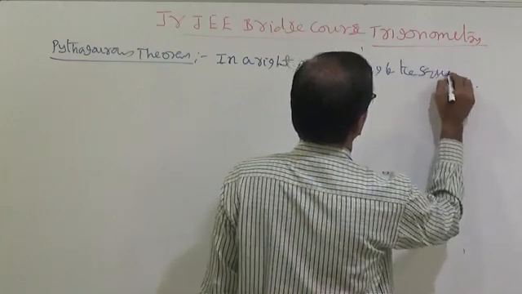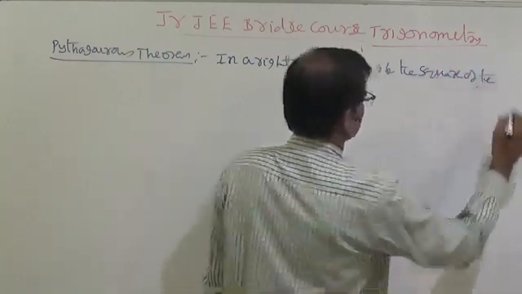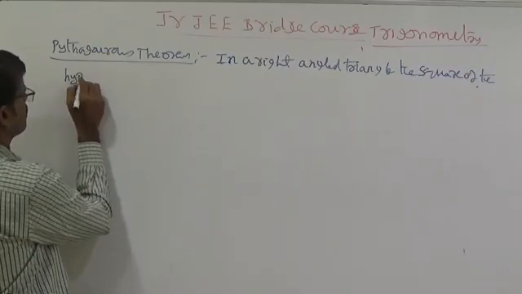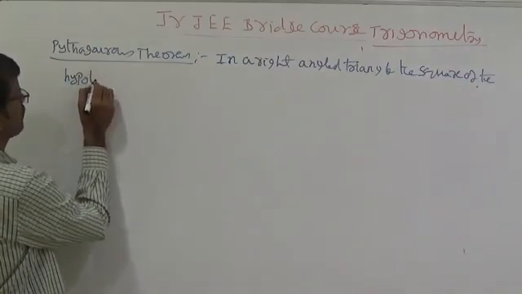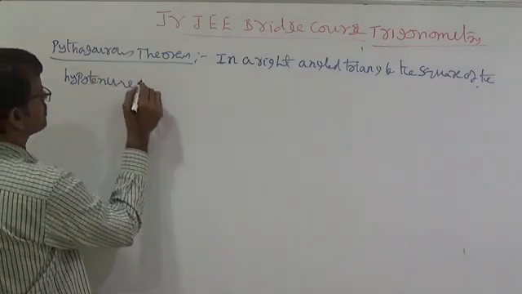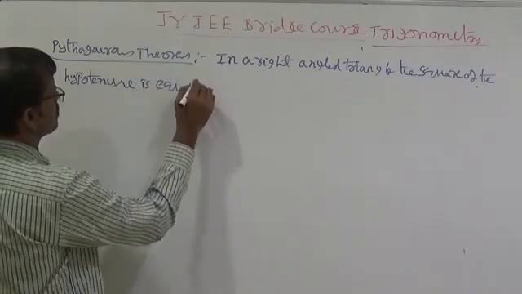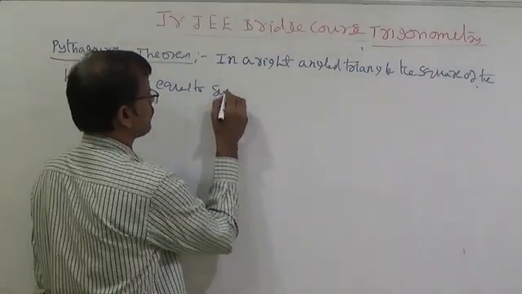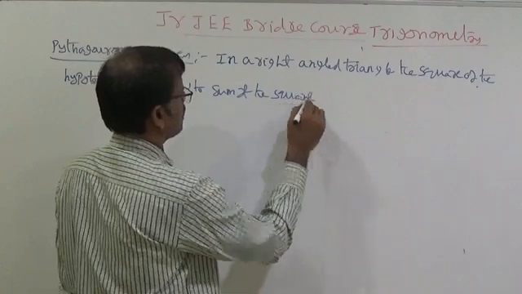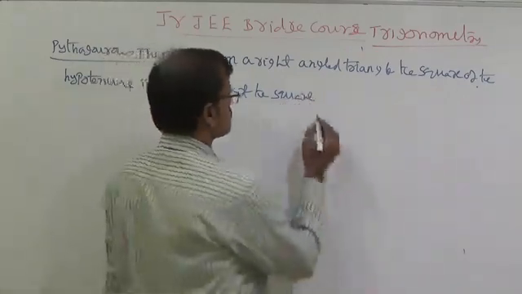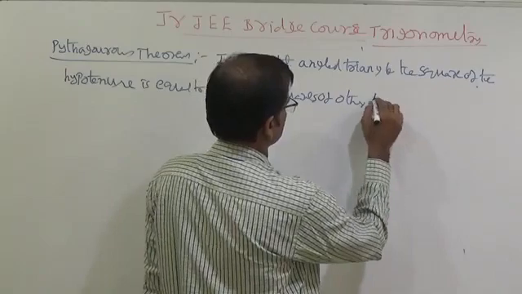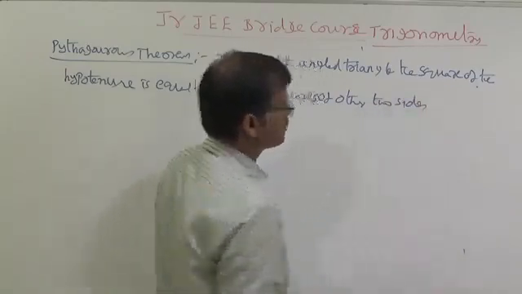the square of the hypotenuse is equal to the sum of the squares of the other two sides.